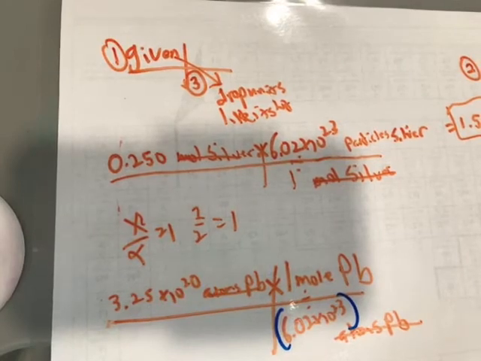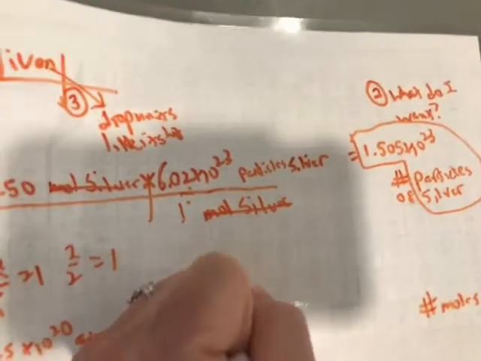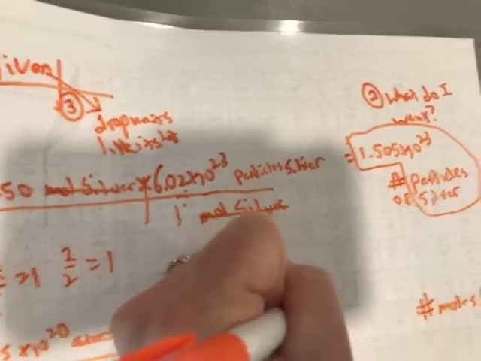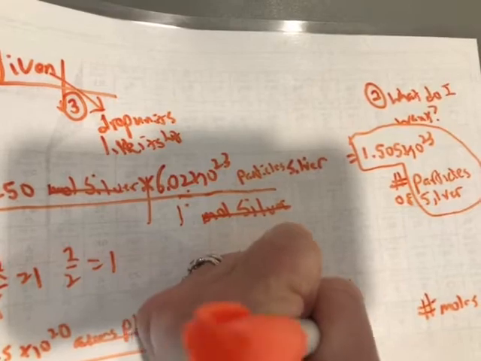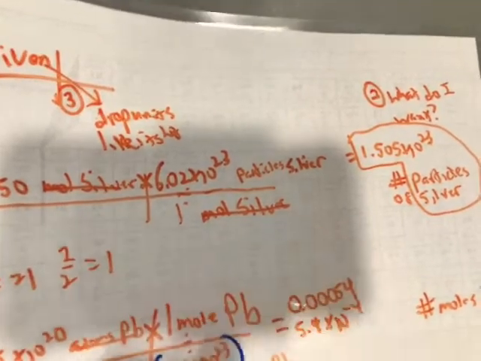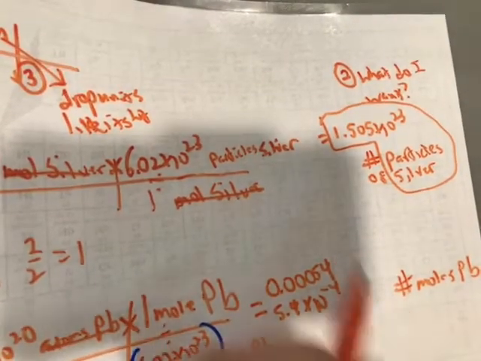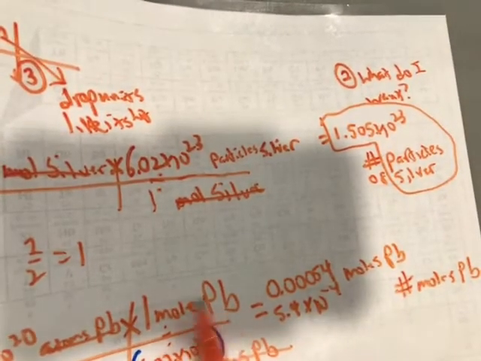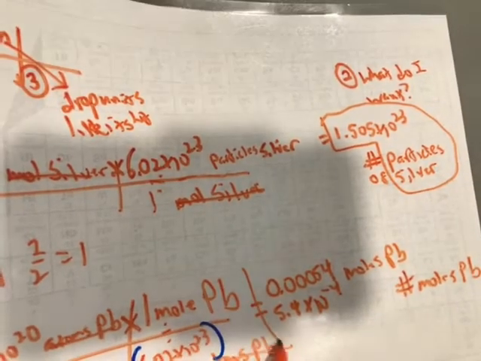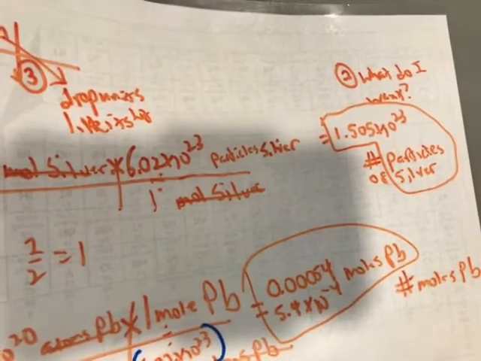And for that one, you should get, depending upon how your calculator works, either 0.00054 or 5.4 times 10 to the negative 4th, and that's going to be moles of Pb. And you can tell it's moles of Pb because that's my leftover units right there, moles of lead right there. So that would be my answer on this one.